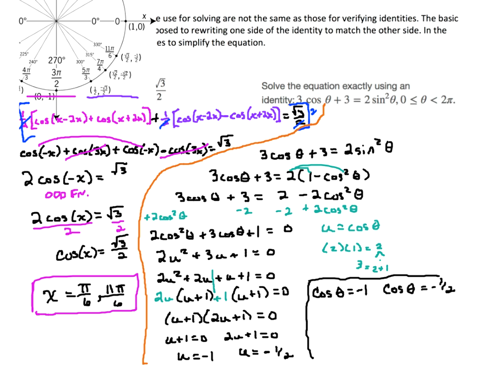Cosine theta equals negative 1/2. The cosine of theta is negative 1 when theta is pi, and the cosine of theta is negative 1/2 when theta is equal to 2 pi over 3 and 4 pi over 3. And I just used my unit circle to get those. So those are my 3 solutions between 0 and 2 pi.